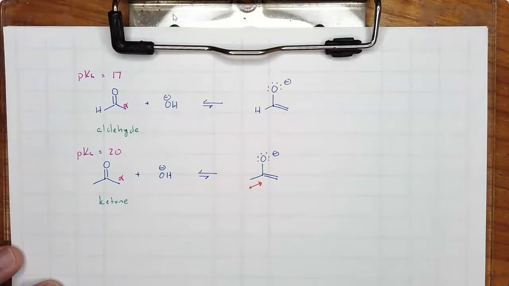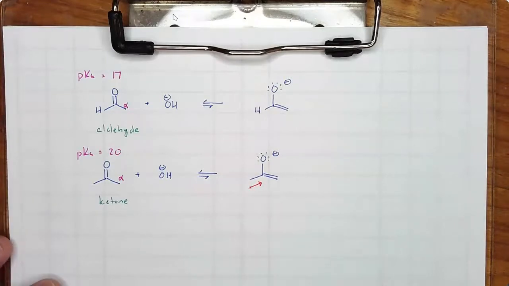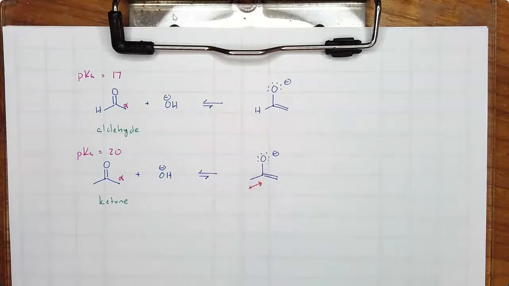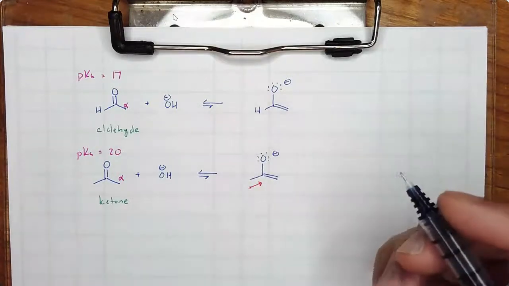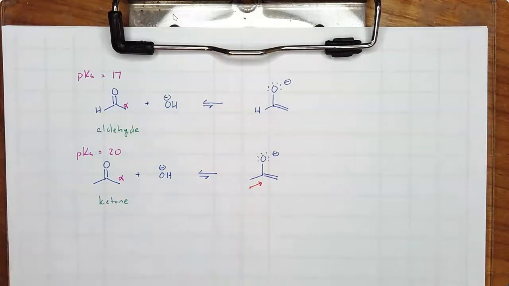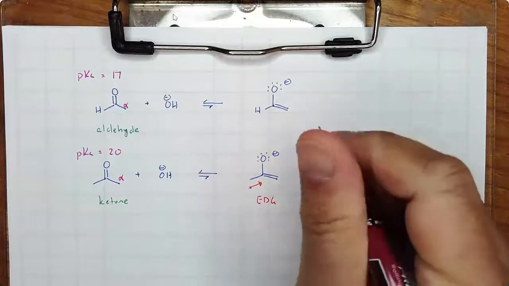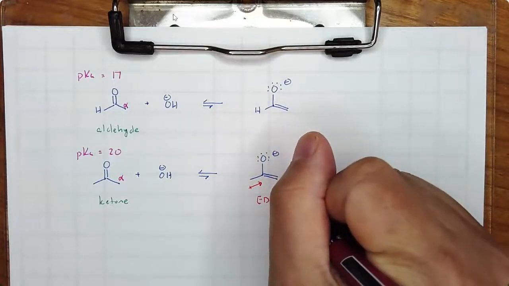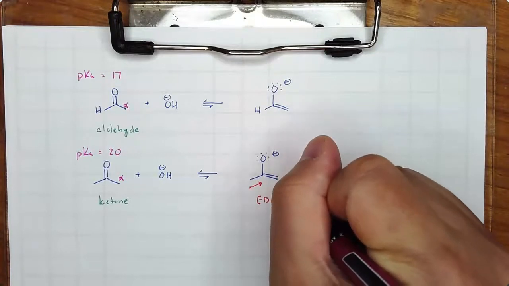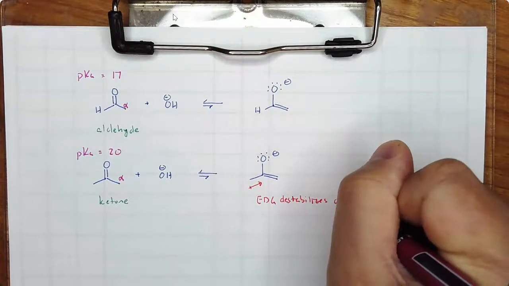Because we're making an anion, take a look at this situation for the ketone. We are pushing electron density into or closer to the anion charge, so we're not spreading it out. So this is a little bit destabilizing. This electron donating group destabilizes the anion.